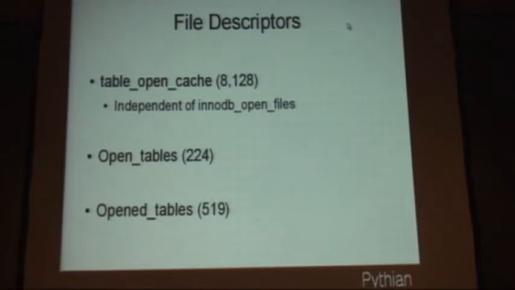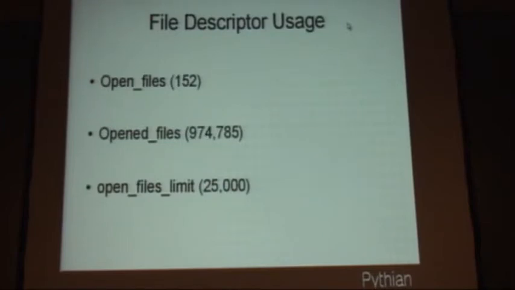And then because it forks the mysqld process, that child process inherits that unlimited limit. But if you just started as the mysql user, it's going to have a default limit on Linux of 1024.